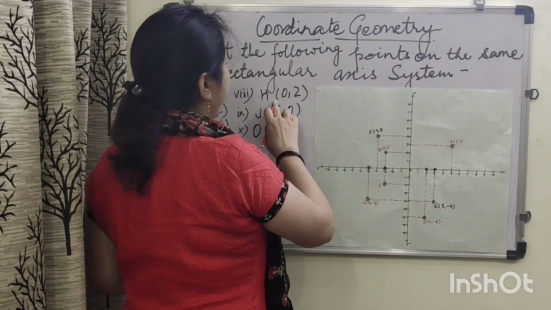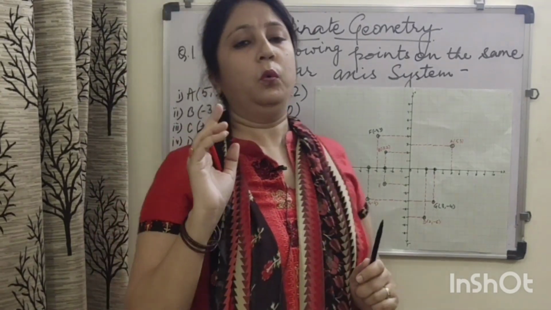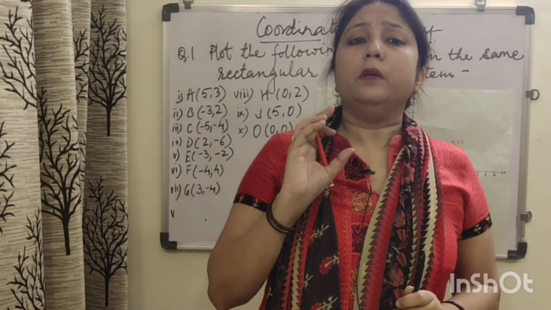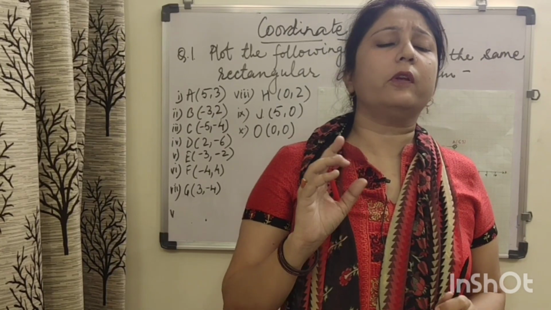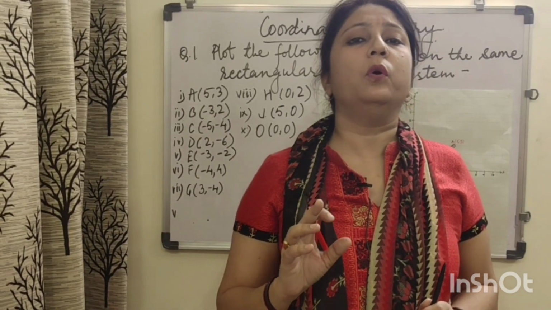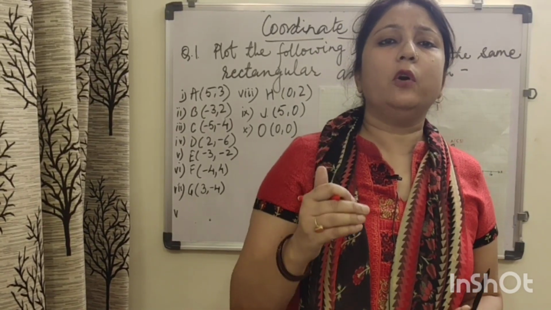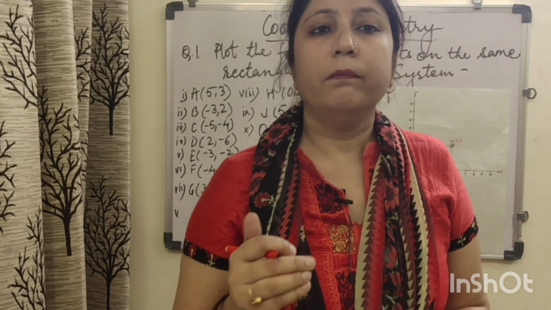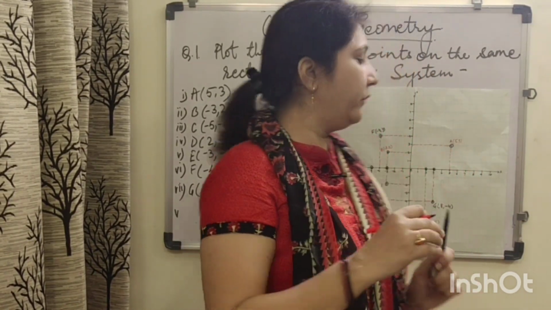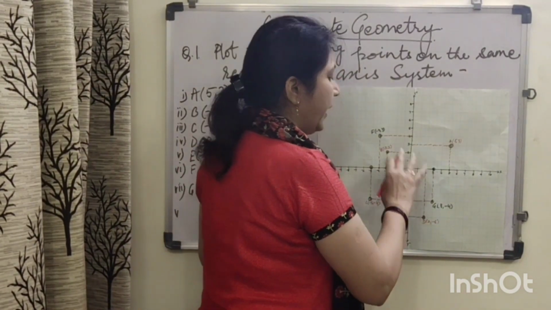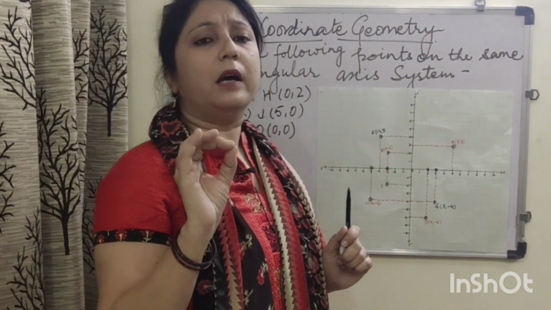Next is your point H, that is 0 comma 2. So you have to understand now, this is a different point, 0 comma 2. Where is the value of x? 0. That is on the y-axis. So for 0 you remain here only, at the origin.